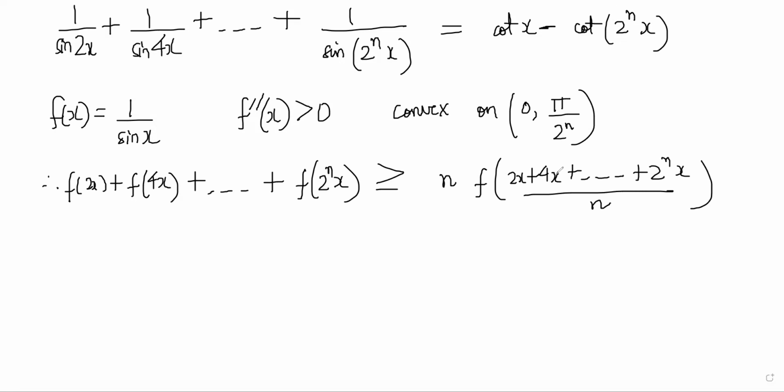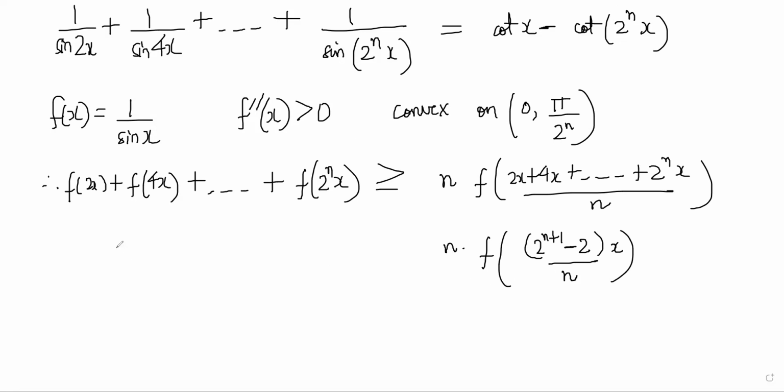Now the sum inside becomes f of 2 power n plus 1 minus 2 times x by n, right? Correct. So this is n times this.